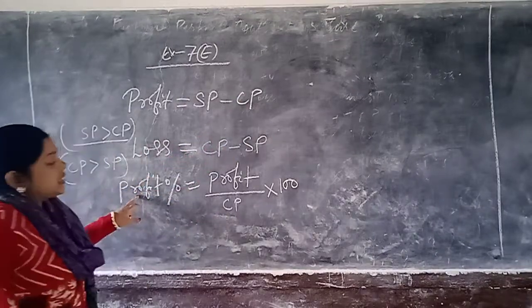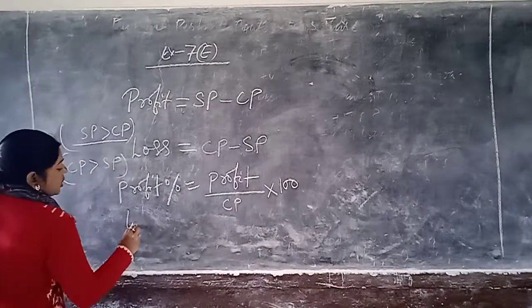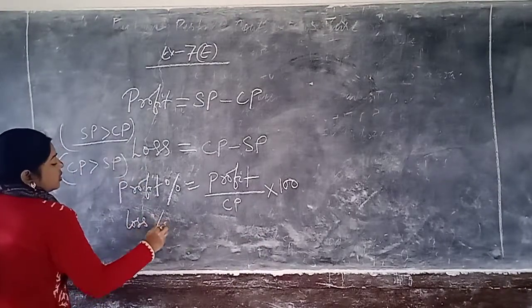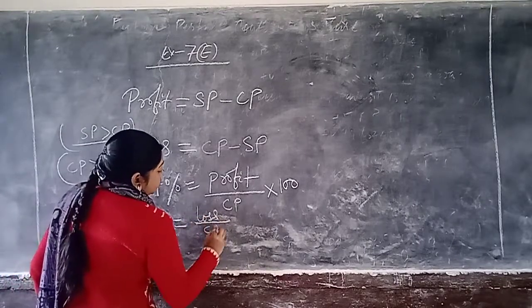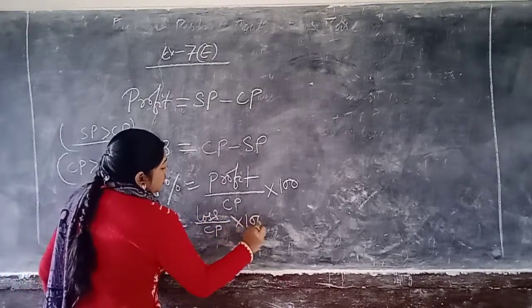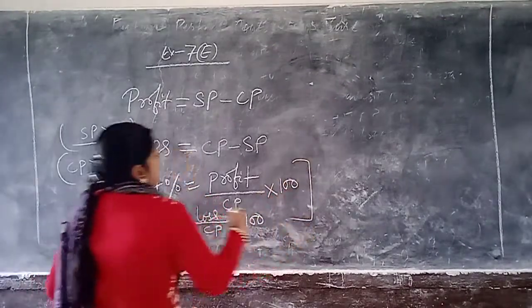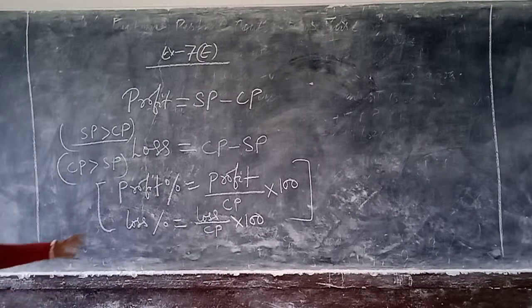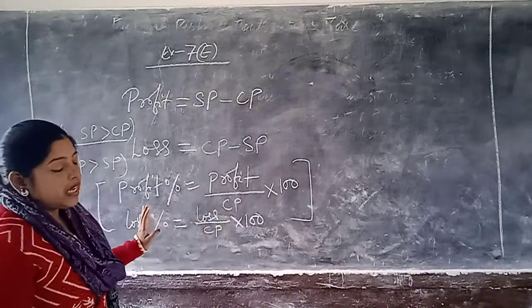So profit percent equal to profit by cost price into 100. Loss percent is equal to loss by cost price into 100. So both profit percent and loss percent are always calculated on the cost price.